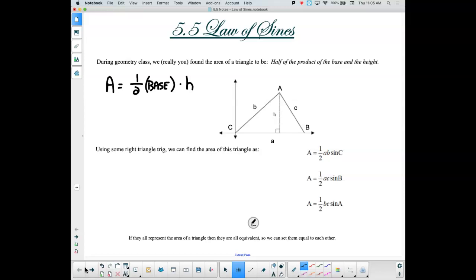On the top of your pink note sheet, you can label your triangle however you want. As long as the capital letter is the angle and the lowercase letter of the same flavor is the opposite side.